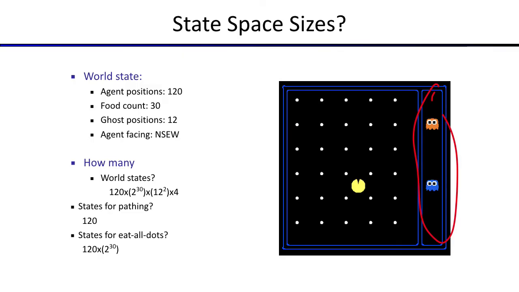So we end up with a much bigger number, 120 times 2 to the 30, but still not the same as all of the world states, because there are a lot of world states that, for the sake of this problem, are the same. If Pac-Man is here, none of the food are eaten and the ghosts are here, exactly the same as if Pac-Man's here, none of the food are eaten and the ghosts are both at the top.